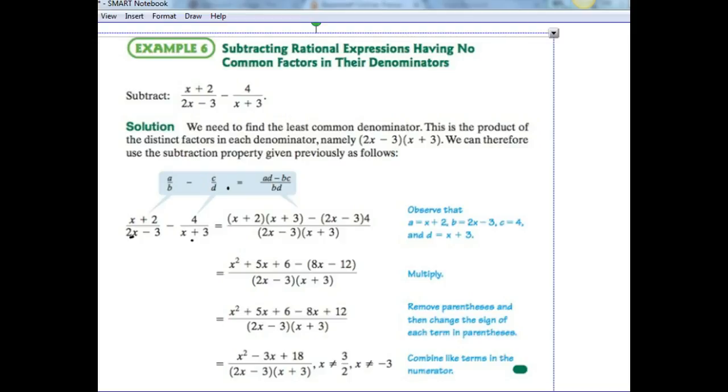Now, when I clean this up, minus 8x minus 12 is the same as minus 8x plus 12. And when I combine that together, I get x squared minus 3x, that's the 5x minus 8x, and then the 6 plus 12 ends up being 18.